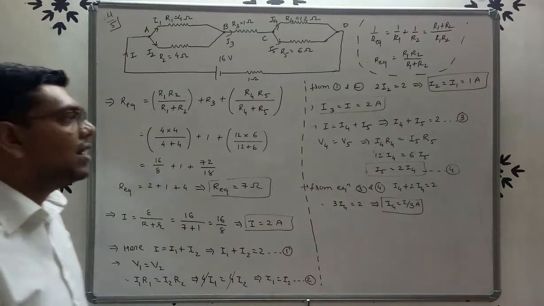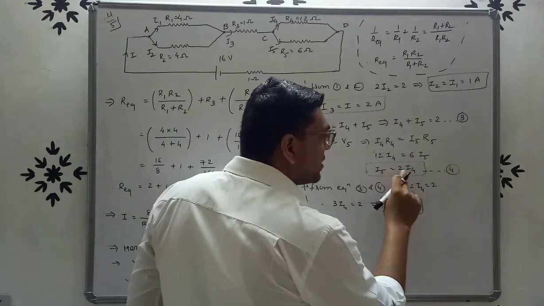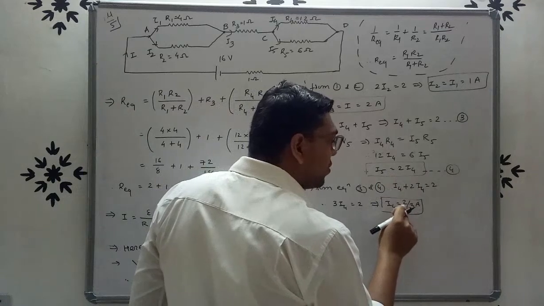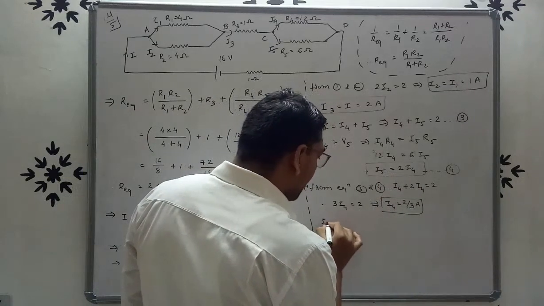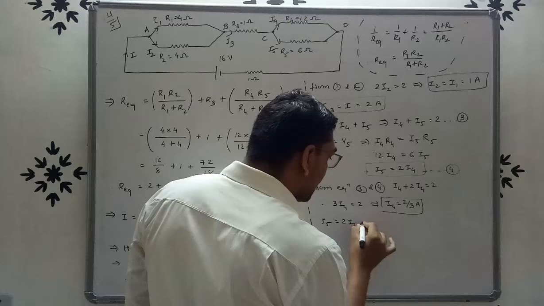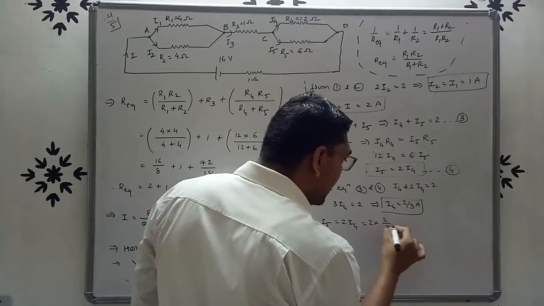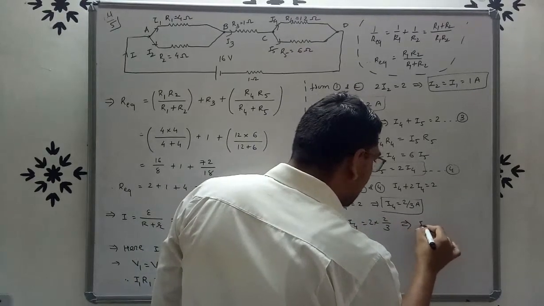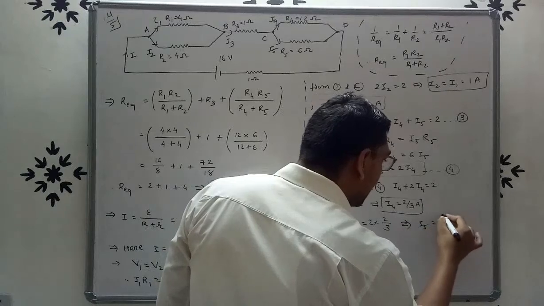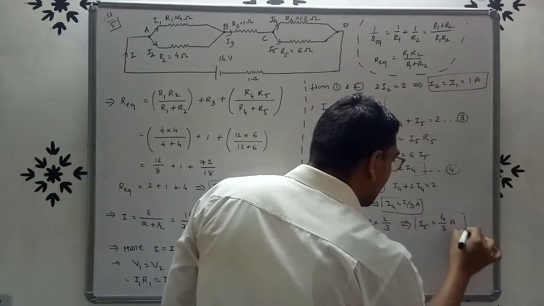We have to find out I5 also. So I5 is equal to 2 into I4. That is 2 into 2 by 3. So I5 is equal to 4 by 3 ampere. Right?